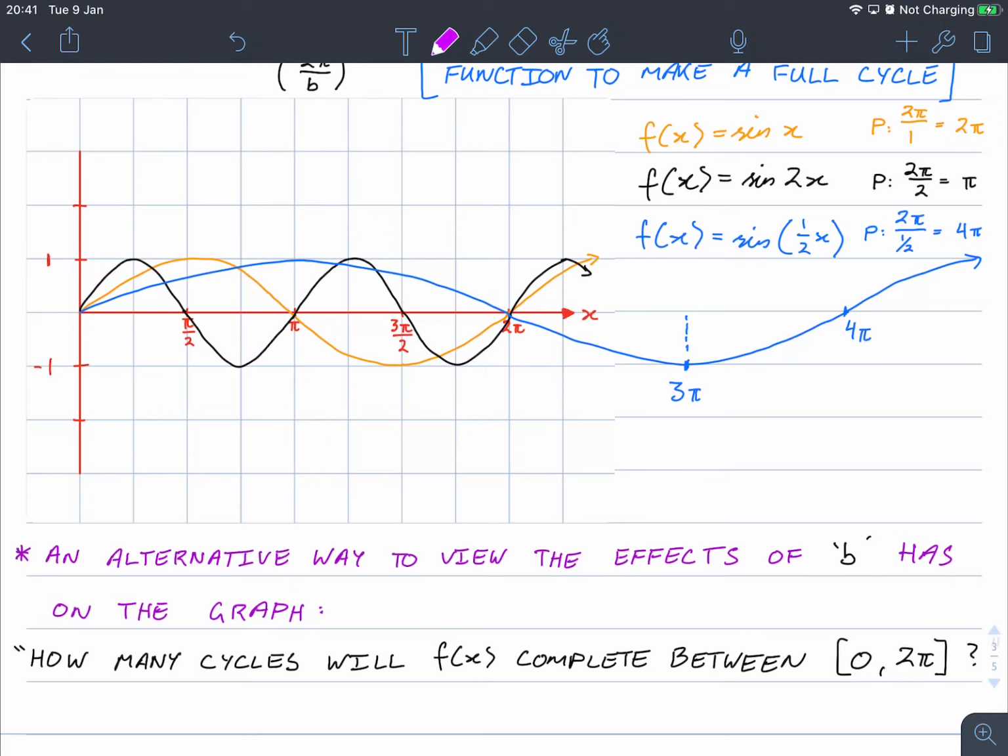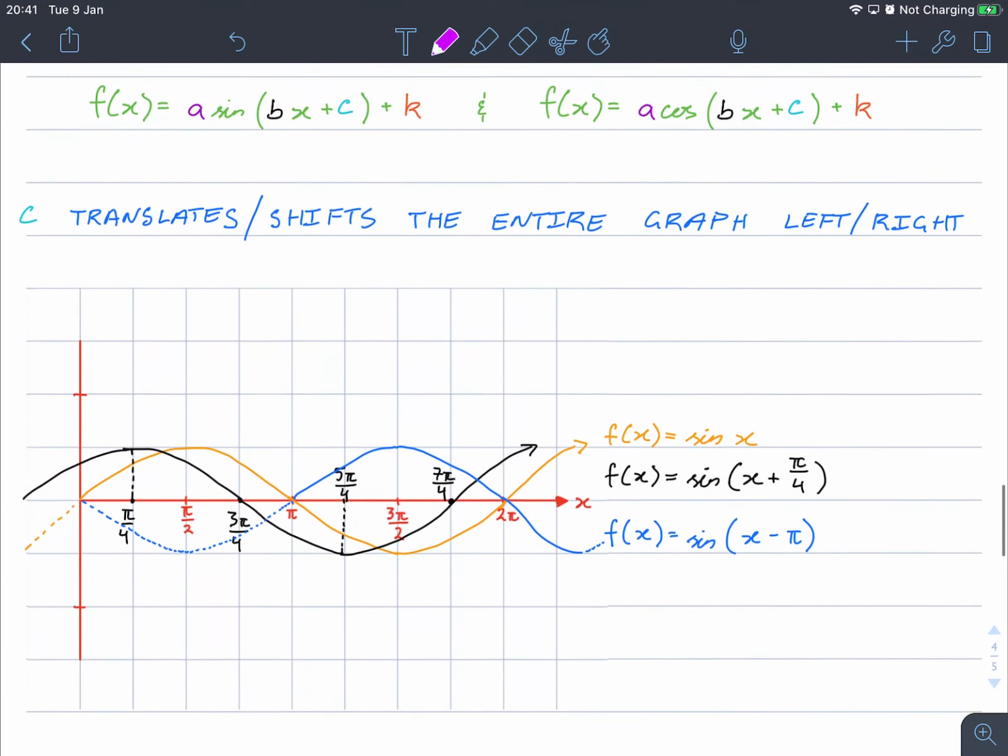Whereas sine of x, there's a 1 here, it'll do only 1 cycle between 0 and 2 pi. And lastly, if we have sine of half of x, that means there'll be half a cycle, so it'll only get to go up and halfway down between 0 and 2 pi.